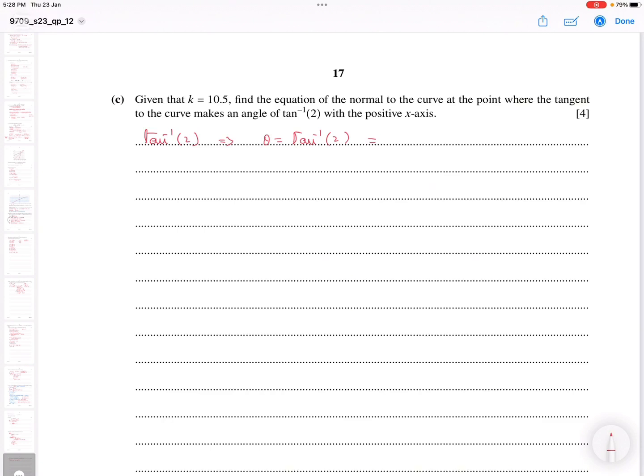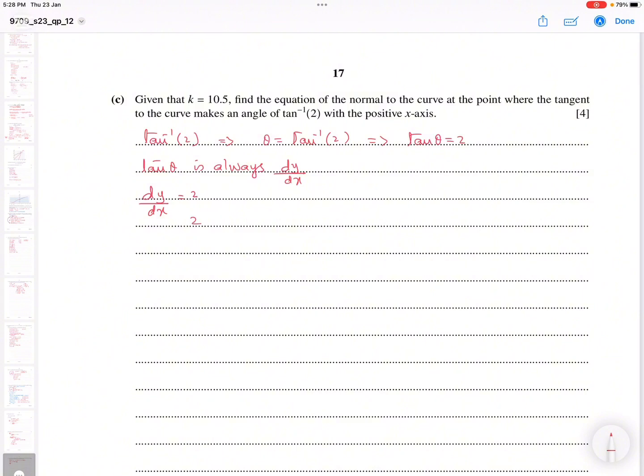So from here I can write tan theta is equal to 2. And remember, tan theta is always dy by dx, meaning gradient. So I can write dy by dx is equal to 2.